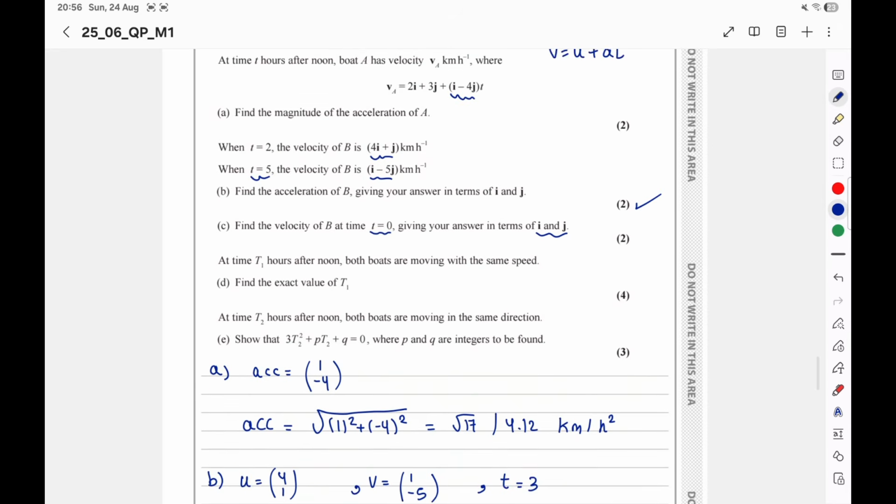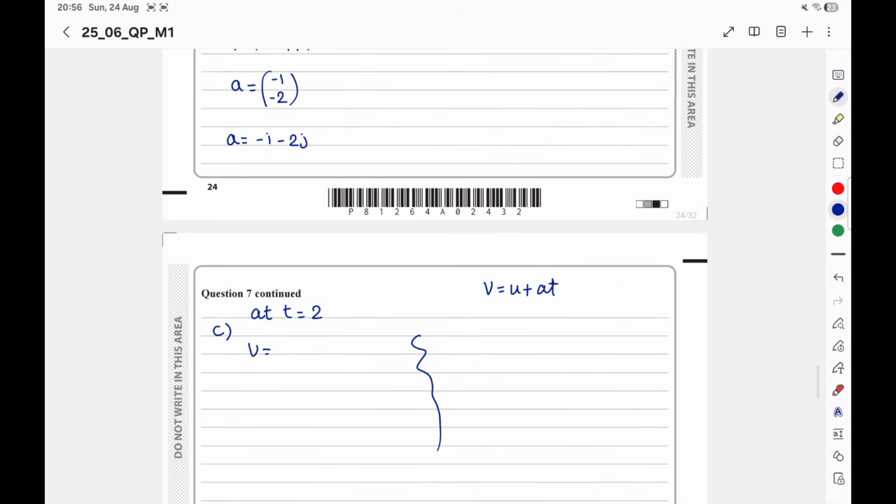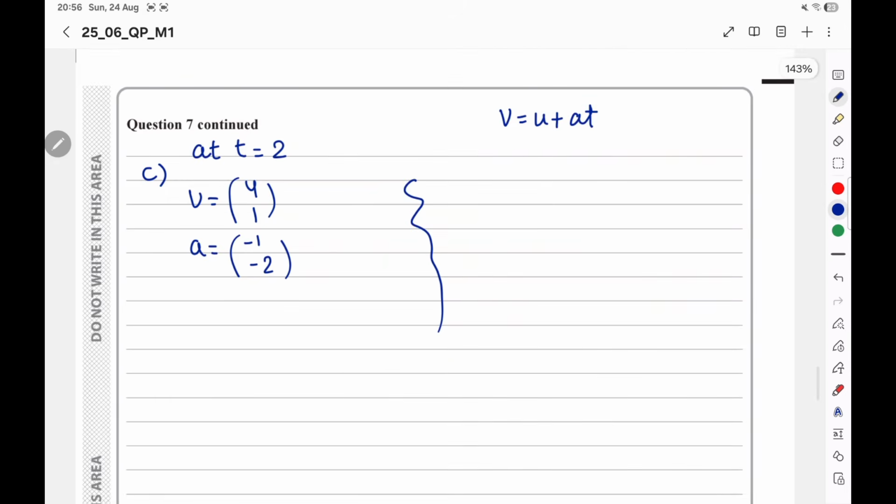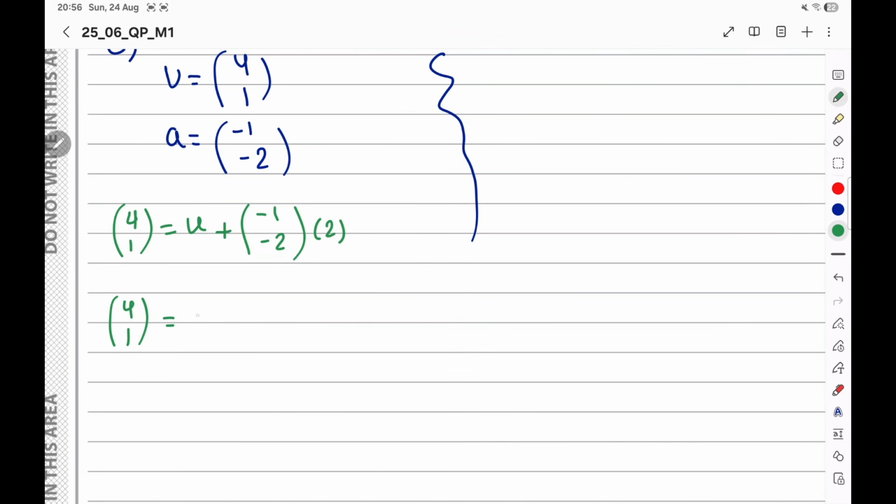V is equal to 4i plus j, 4 and 1. And the acceleration, I have just calculated, negative 1 and negative 2. V equals U plus AT. 4 and 1 equals U plus acceleration, negative 1 and negative 2, multiplied by the time, which is 2. 4 and 1 equals U plus negative 2 and negative 4.